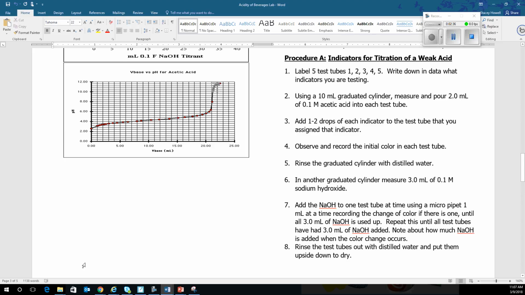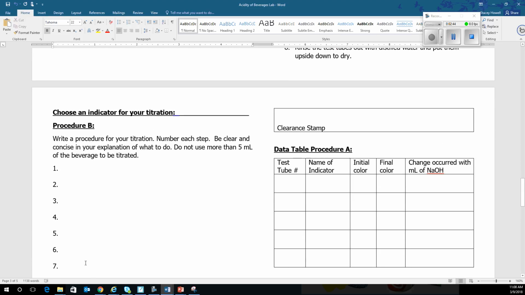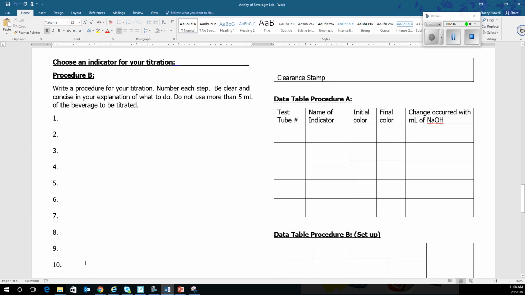But you'll be testing your indicator to see when it changes. At what pH does it change. And so all you're doing is setting up test tubes with different amounts of acid in it, so it's at different pHs. And then you'll put the name of the indicator, what was its initial color, what was its final color, and the change in milliliters of NaOH.